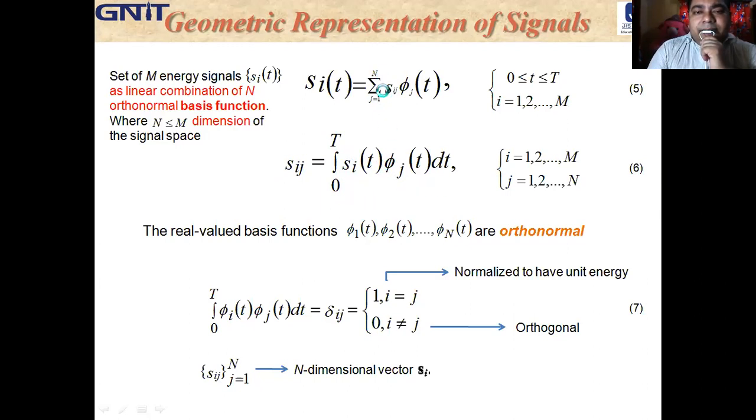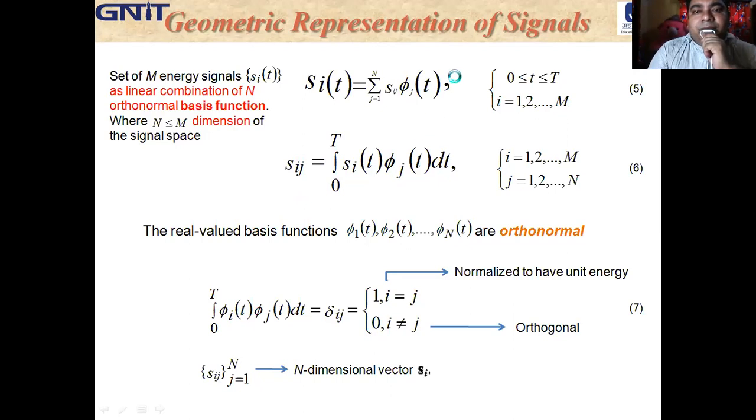The real valued basis functions phi_1(t), phi_2(t), up to phi_N(t) are orthonormal. Orthonormal means they satisfy two properties: one is normalized to have unit energy, and the other is orthogonality.